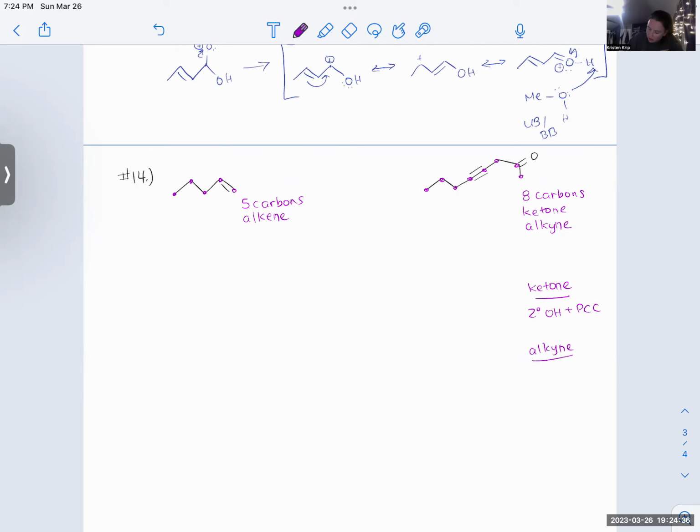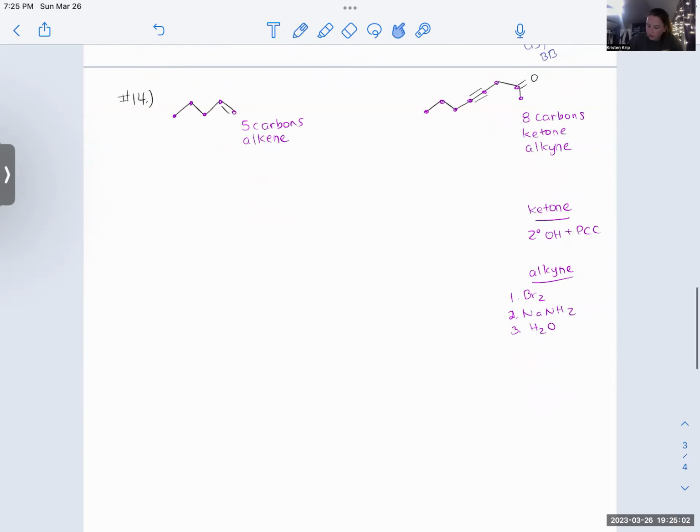Yes, so we could do Br2 and then NaNH2. I guess that would be the second step. And then we would have to follow up with protonating it. Yes. And then we are also adding 3 carbons.